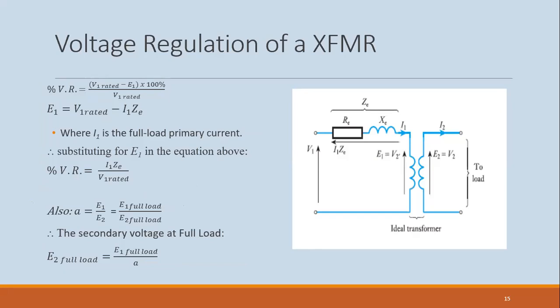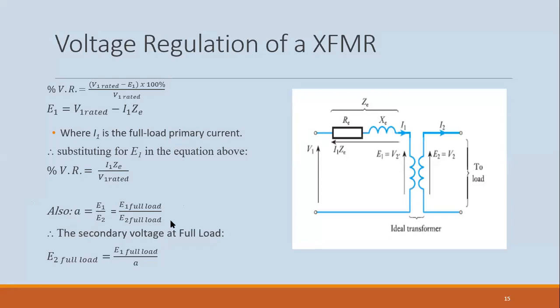If I do some more derivation, I can come up with a formula for voltage regulation, distilled down to I1 ZE over V1 rated. But I prefer to use this one because you'll get more accuracy here, though the mathematics will lead you to this also.